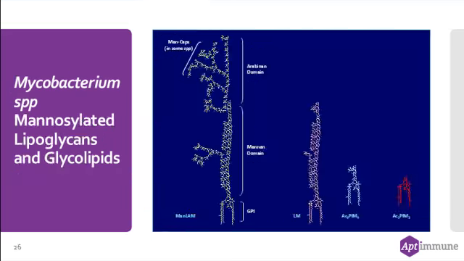Another thing that is very important is the lipoglycans and glycolipids present in the cell wall of Mycobacteria. The reason is that this large lipoglycan here, which I think you showed has been used as an adjuvant, actually triggers an anti-inflammatory response.